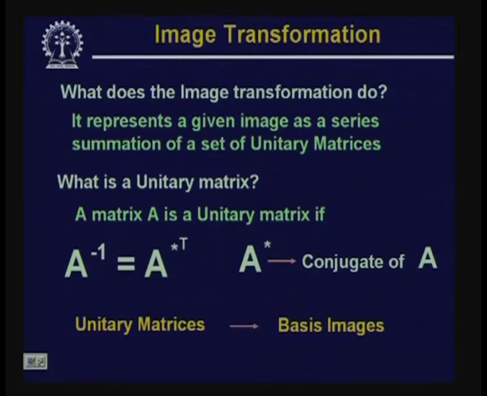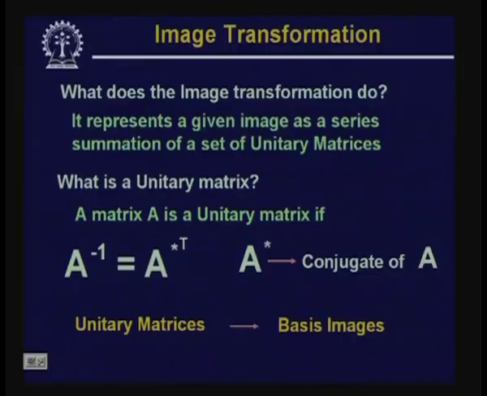That is, A inverse equals A star transpose, where A star is the complex conjugate of each and every element of matrix A. And these unitary matrices we will call the basis images. So, the purpose of this image transformation operation is to represent any arbitrary image as a series summation of such unitary matrices, or basis images.